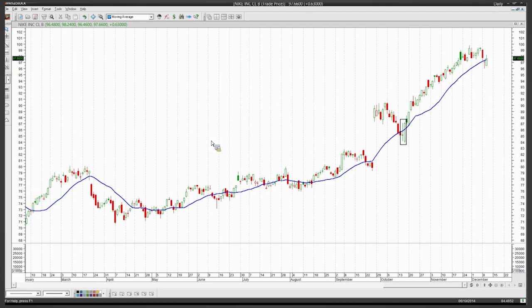Here's a chart of Nike, and you can see a very clear example here. Again, what are we looking for? We're looking for momentum, or that slope higher.